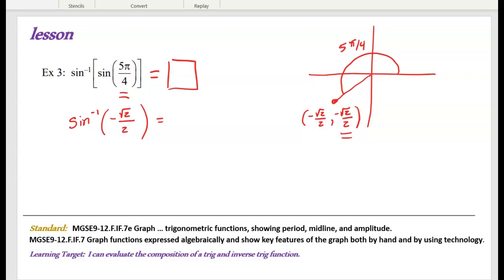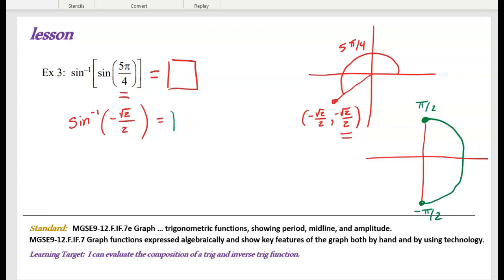Okay, now we're in the third quadrant for 5 pi over 4. But see, if I'm evaluating sine inverse, I can't be in the third quadrant. Sine inverse lives between pi over 2 and negative pi over 2.